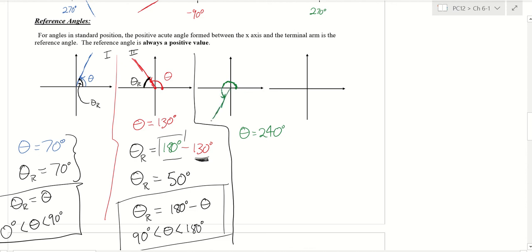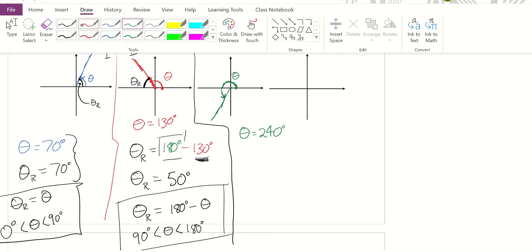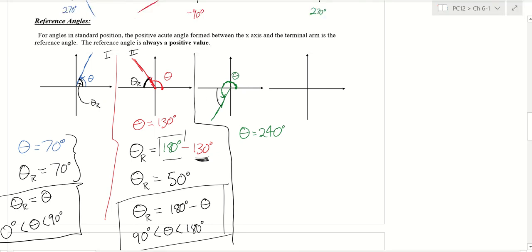Here's the corresponding terminal arm. So this is theta. We want to know what our reference angle is. And we can see that our reference angle, it's simply going to be this angle of 180 degrees right here, plus, or rather, how can I describe this?